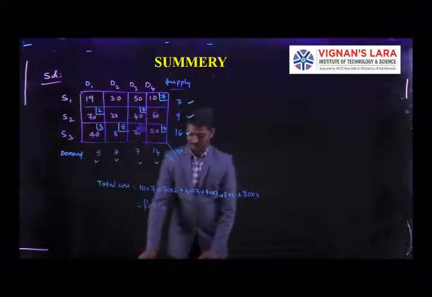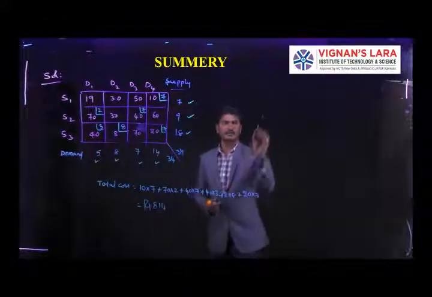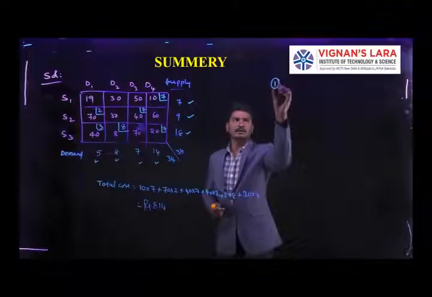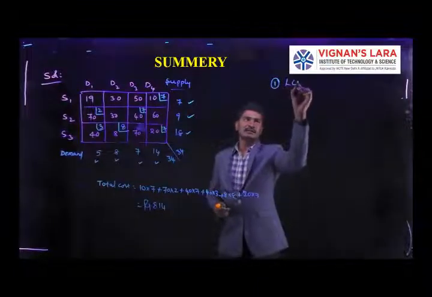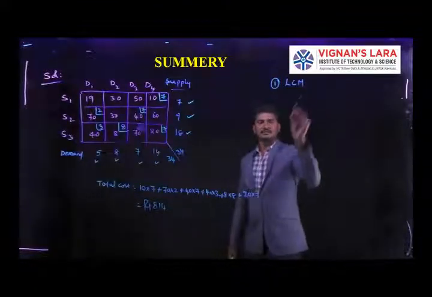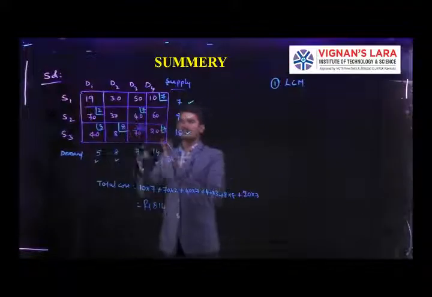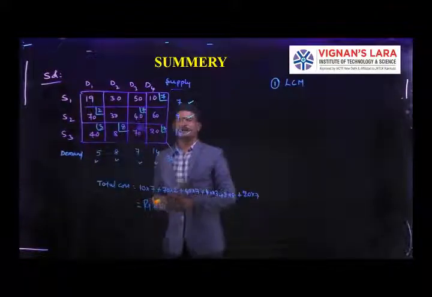Next, coming to the summary. What we discussed so far is the least cost entry method. What is the least cost entry method? The least cost entry method means we are identifying the least cost from the given table. In this least cost method we are allocating the supply and demand.